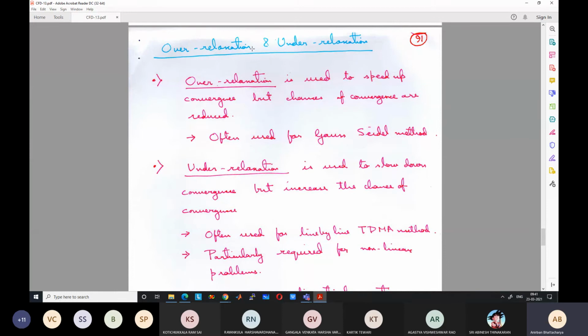If you have a very nonlinear problem, like the momentum equation, or some nonlinear source terms are present, then within a single time step, if a large change occurs, the value can drastically go towards the other direction. It can oscillate and the value can blow up, meaning the solution can diverge.